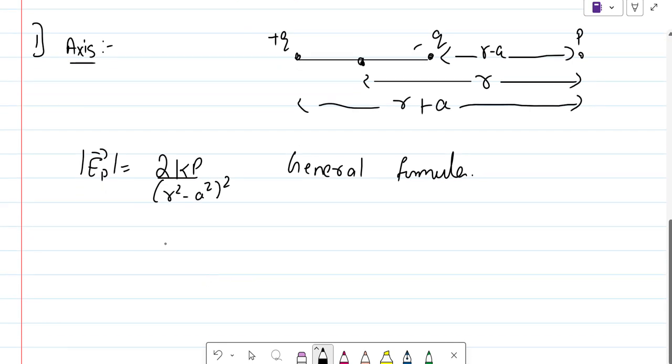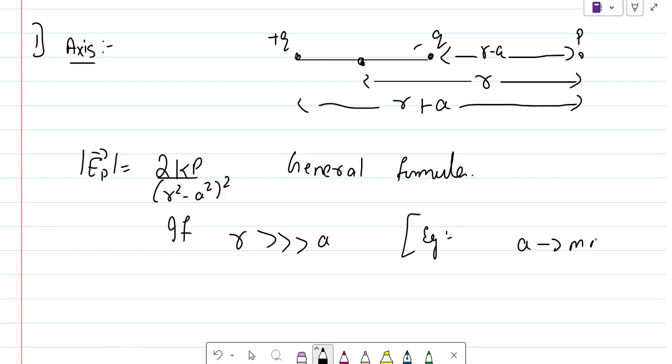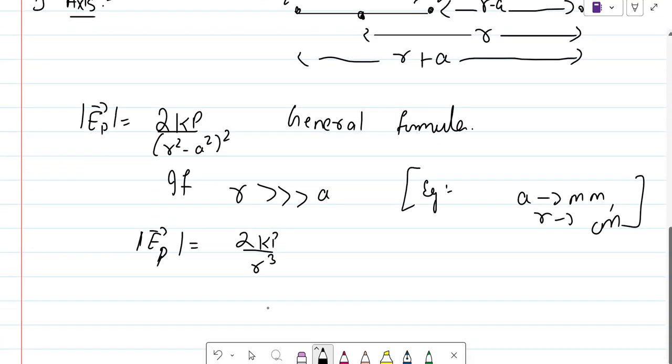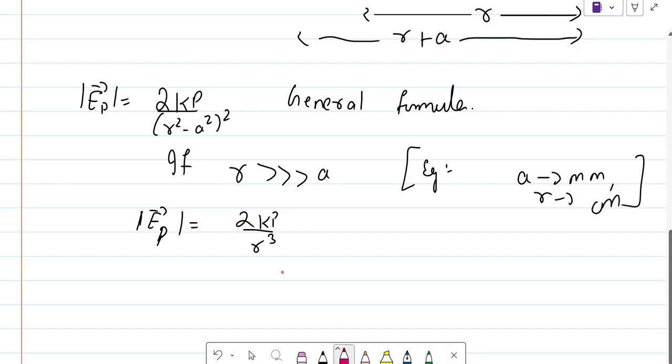And if your r is much greater than a, for example, your a is in the order of millimeters and r is in the order of multi-centimeters, you can use the special case, that is electric field at a point P. The magnitude is just 2kp upon r cube. Okay, so the two formulas give the magnitude of the electric field at a point P for a dipole system on the axis at a distance r.